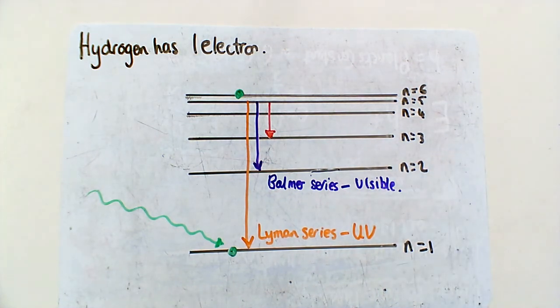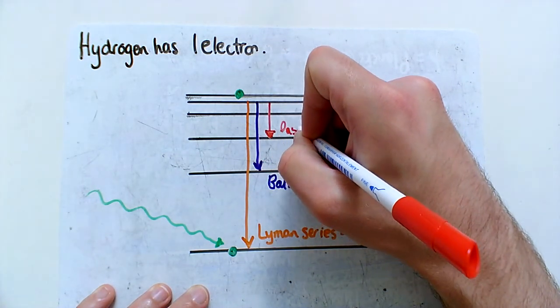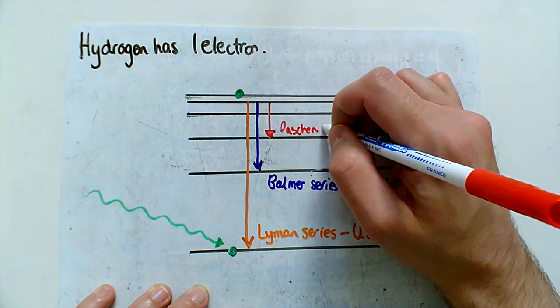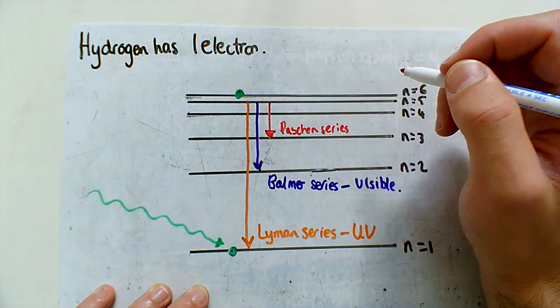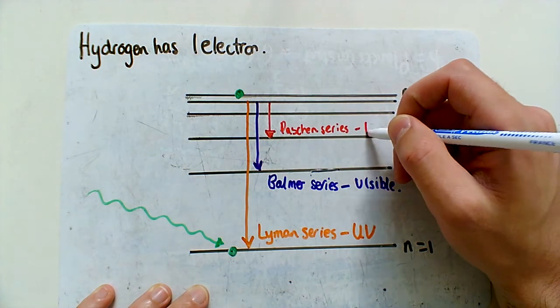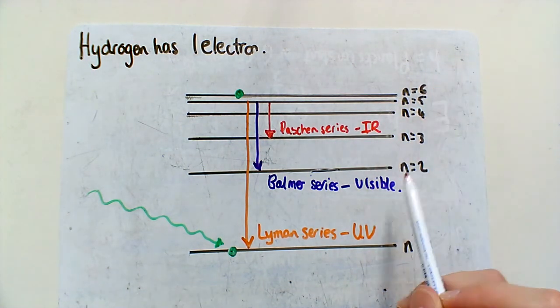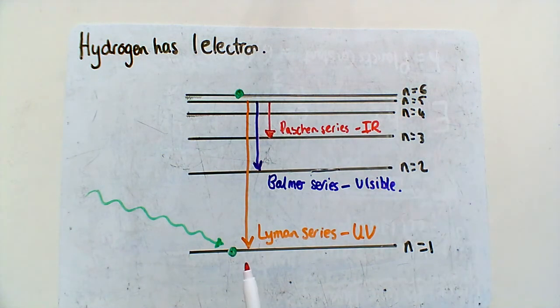Then this final one, which we don't really learn about, is the Paschen series, P-A-S-C-H-E-N, which is falling to n equals 3, and that is in the infrared region. So you can see this is higher energy, medium energy, and then lower energy. And you'll get a whole series of bands corresponding to that.